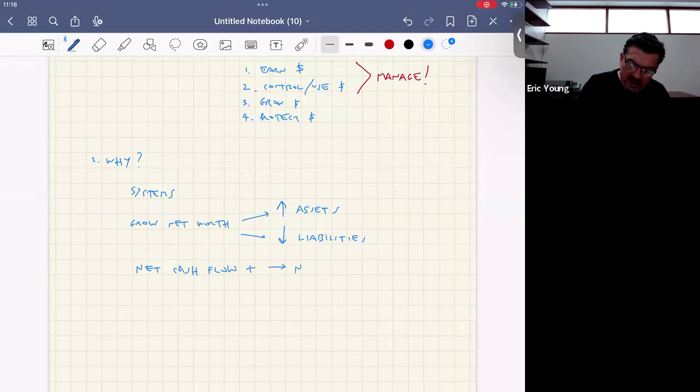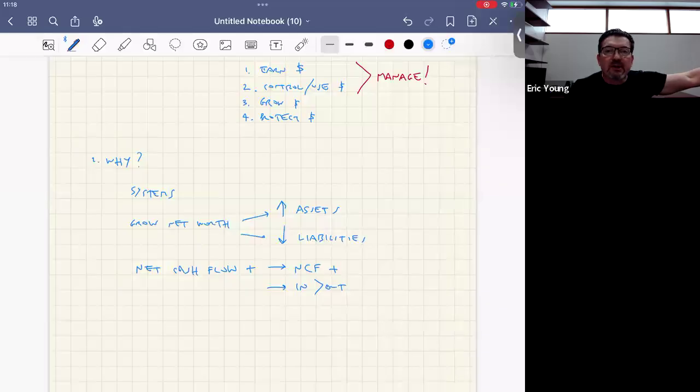In other words, running net cash flow positive implies that more money is coming in than is going out. You're earning more than you're spending. You're living below your means. You're putting a nice balance between the needs of current you and the needs of future you. Okay?